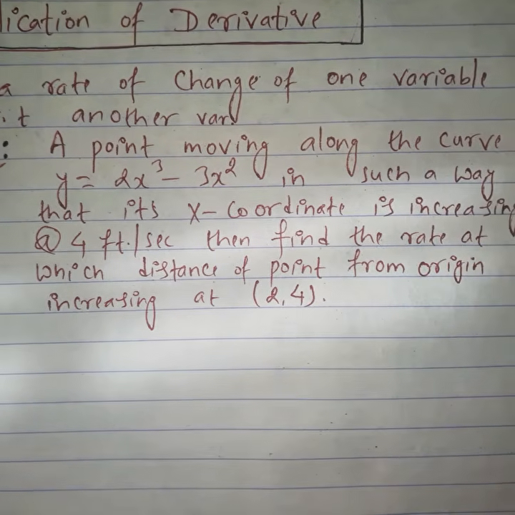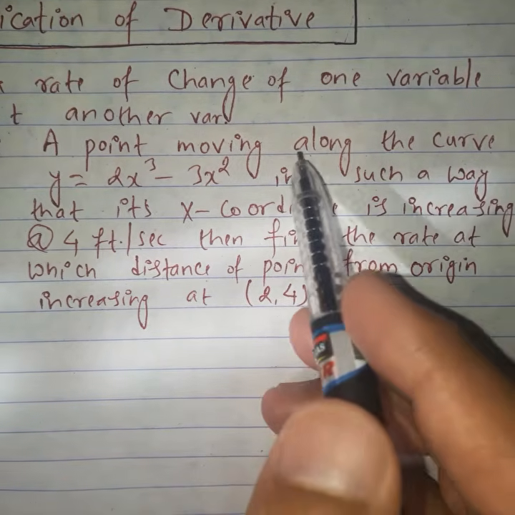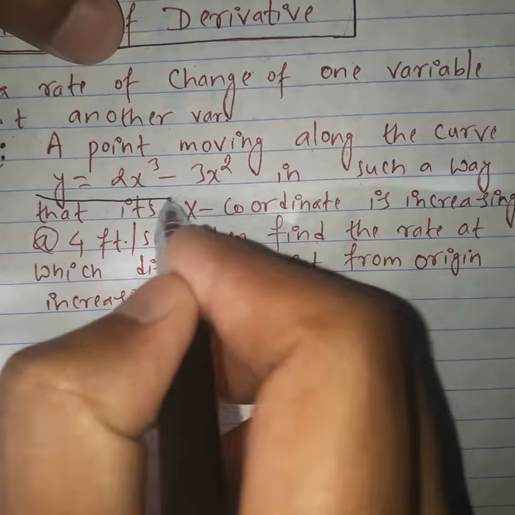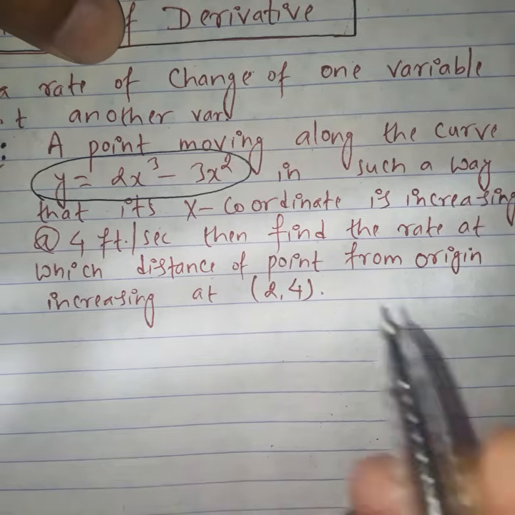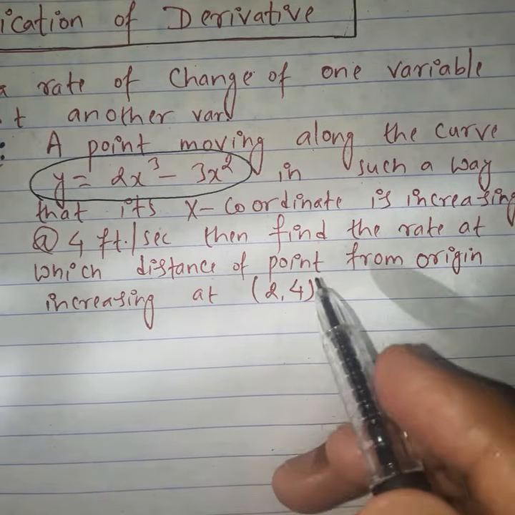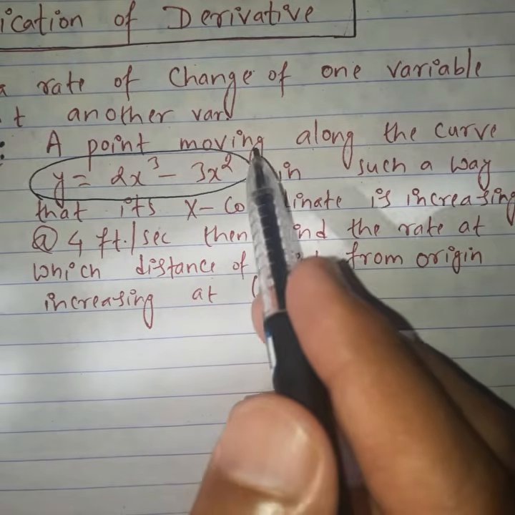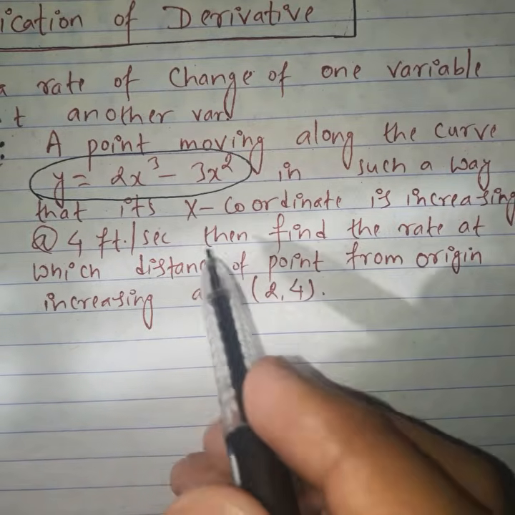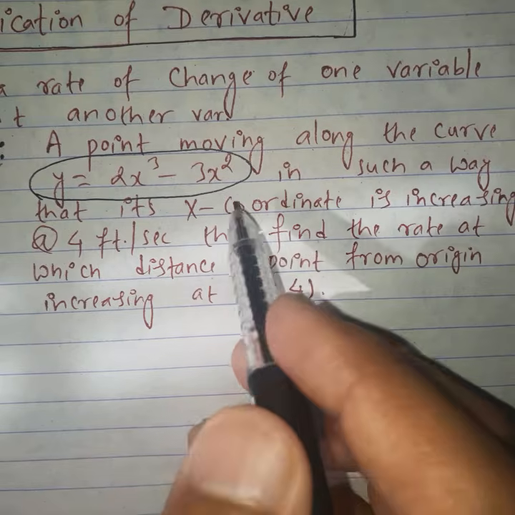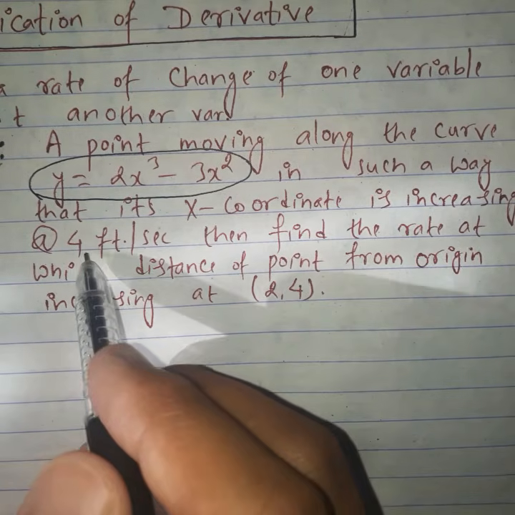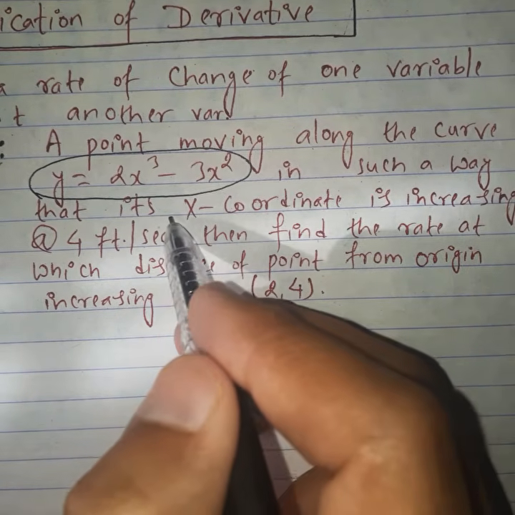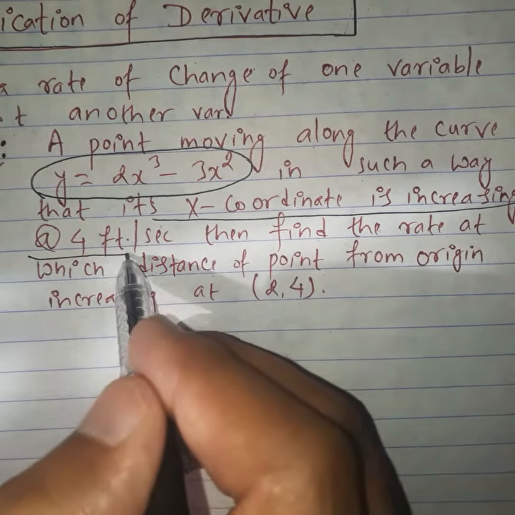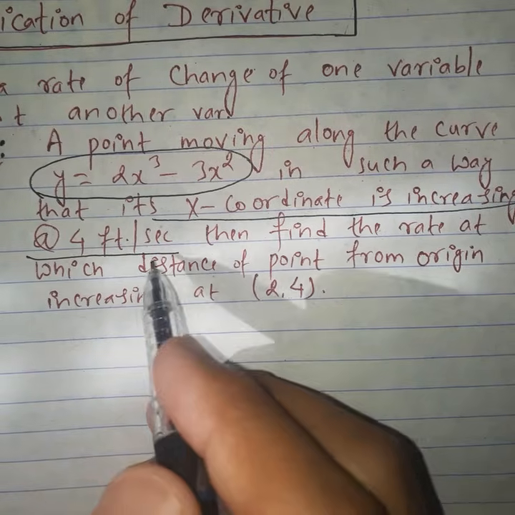Here the question is: a point moving along the curve. The curve is given, the function is given here: y equals 2x cube minus 3x square. A point moves along this curve in such a way that its x coordinate is increasing at the rate of 4 feet per second.